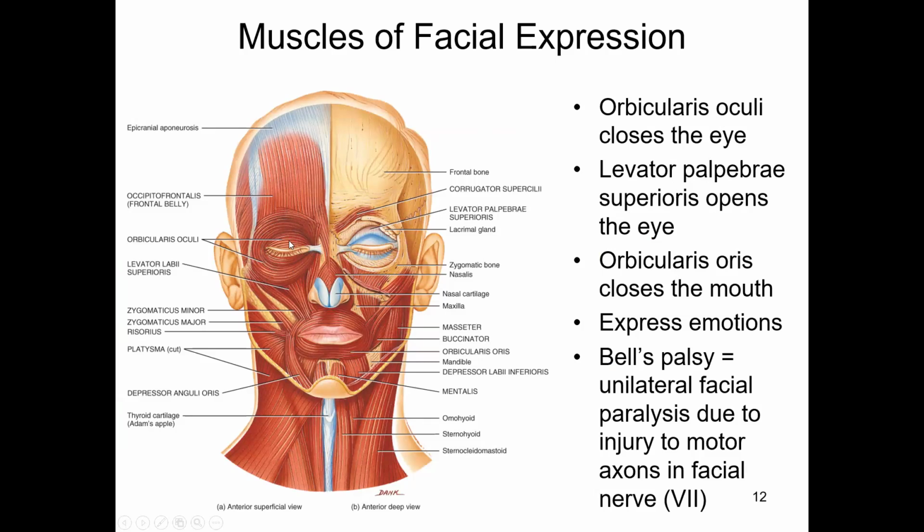And it's right here. This muscle carries out the elevation of the eyelid in a more deep section. You see it on the other side too. With the muscles of facial expression, here again, the role of the nervous system.